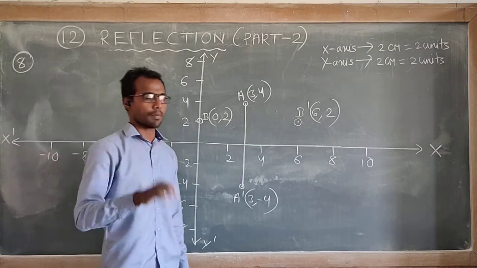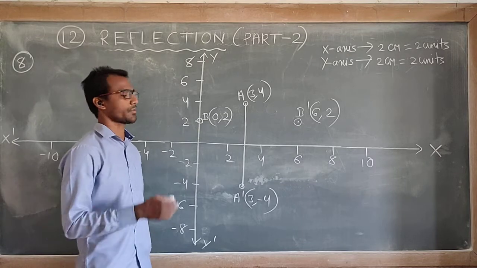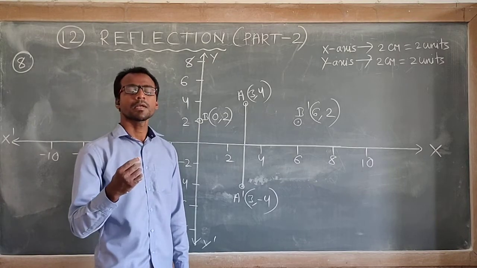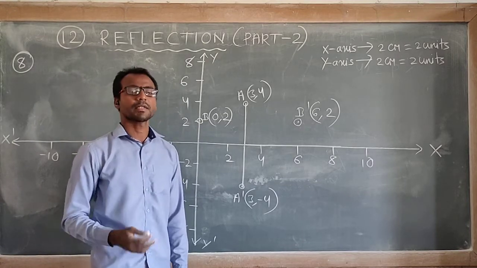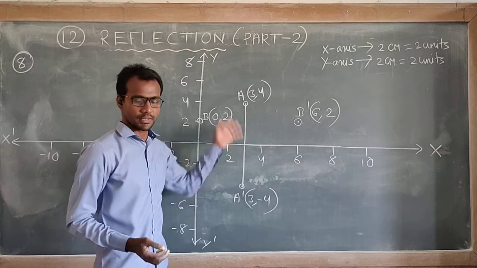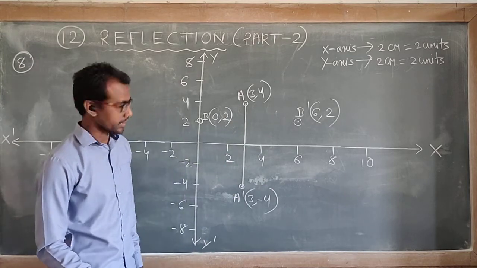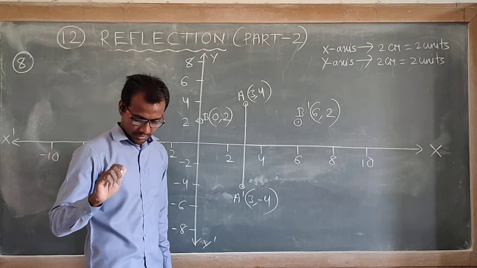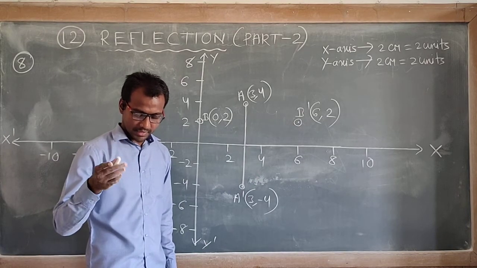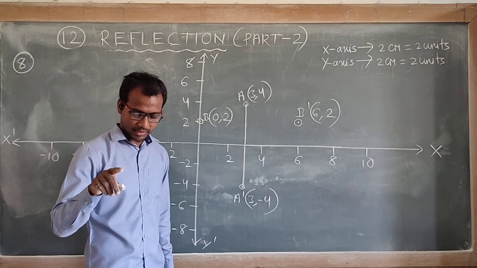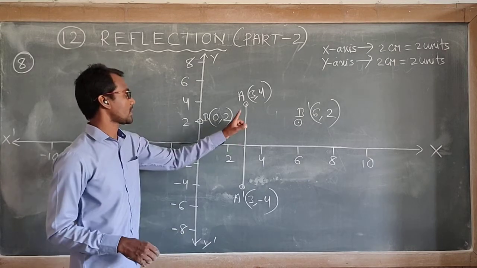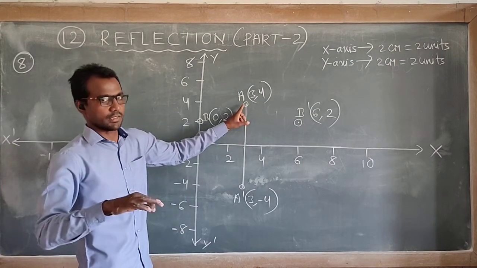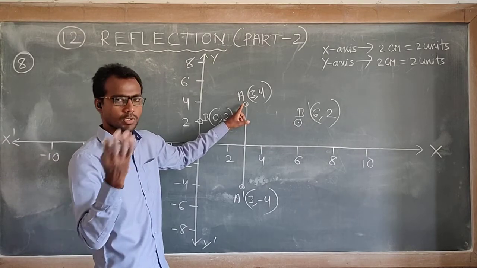When you are using graph paper, it may be the x-axis, the y-axis, any line parallel to the x-axis, or any line parallel to the y-axis like this. So successfully you have got B dash. Then third bit, A double dash is the image of A under reflection in the y-axis. So now we will reflect this point A in the y-axis. Not going to use the formula because we are using graph paper.